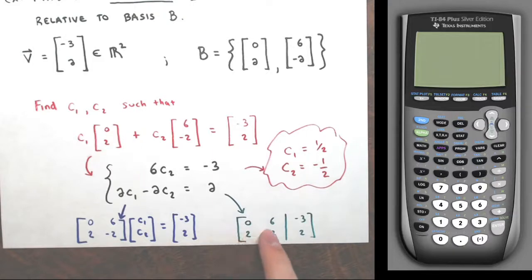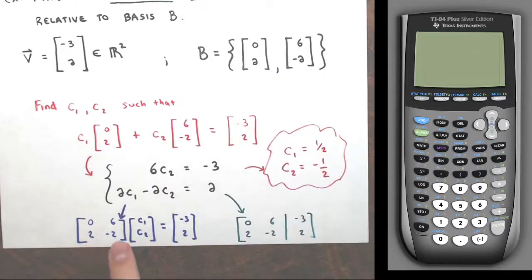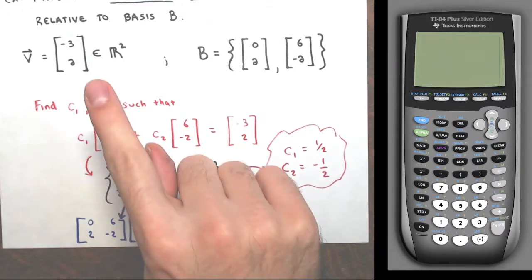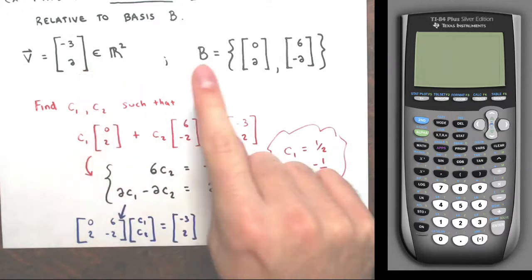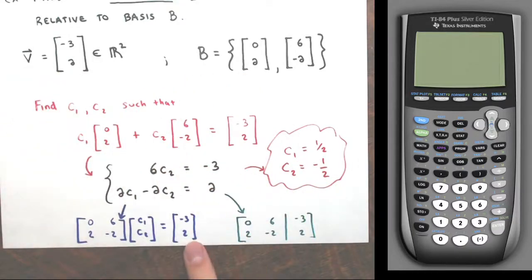The vectors from the basis will make up the columns of this coefficient matrix, and then the other side is just the vector that we're trying to create, right? With these basis vectors, we're trying to create negative 3, 2. So negative 3, 2 on the other side of the bar.